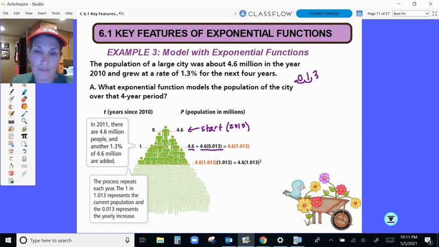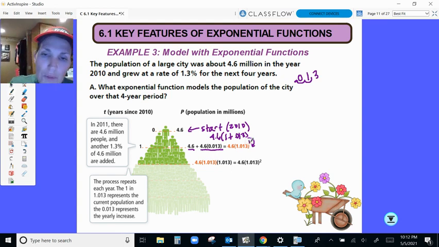So that's going to give us 4.6 plus 4.6 times 0.13, and I can take this 4.6 and factor it out, which leaves me with 1 plus 0.13. Notice that this is an exponent of 1 right here.